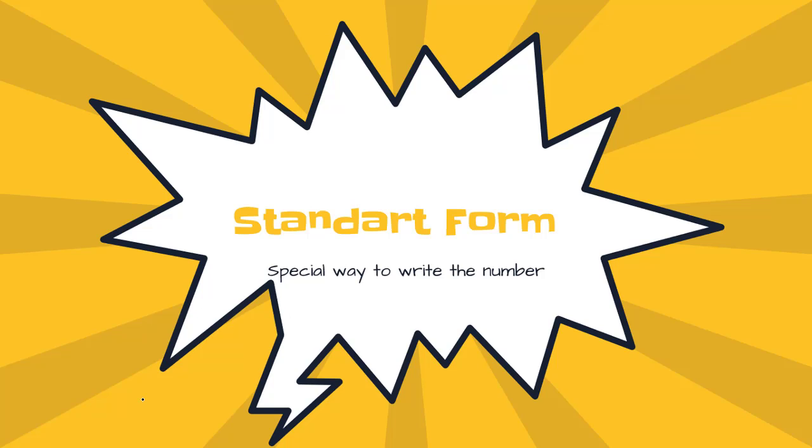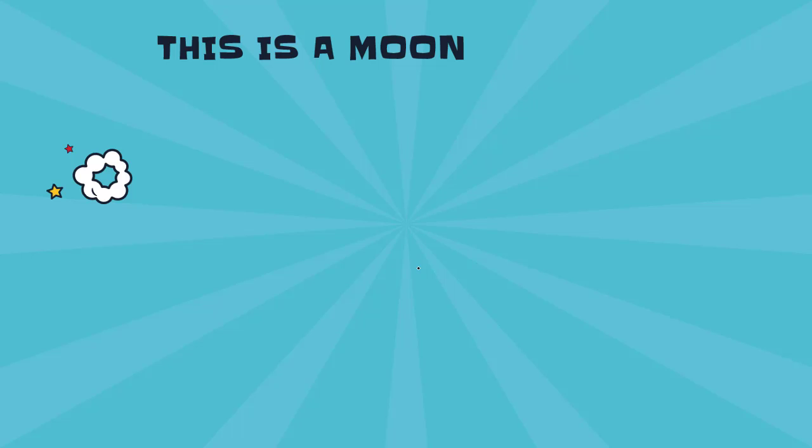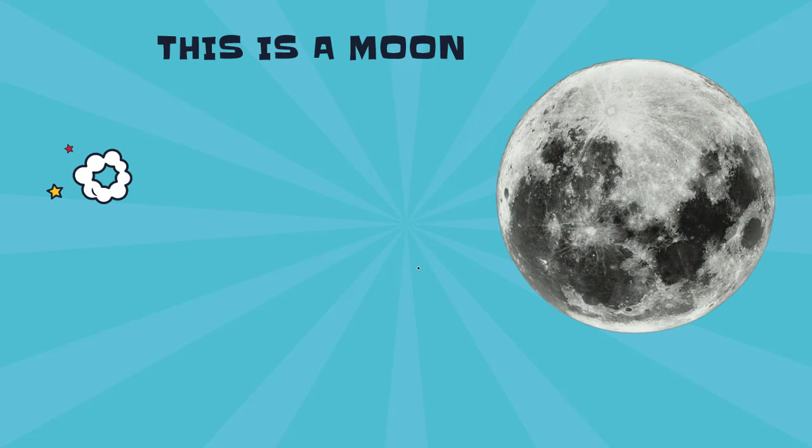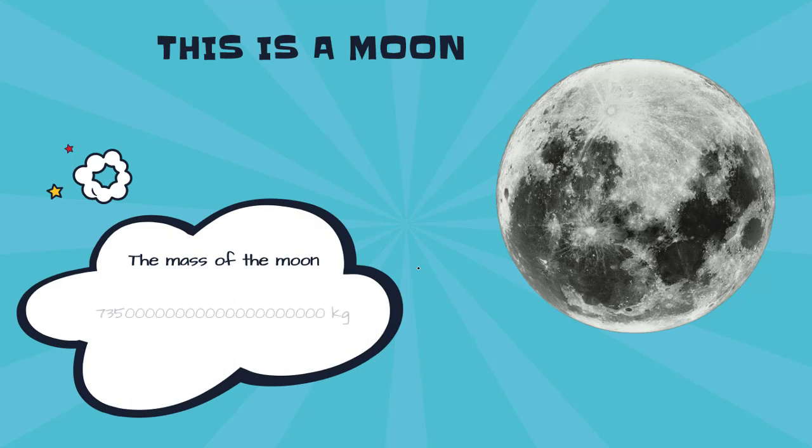So for the next topic, we will learn about scientific notation or standard form. Standard form is a special way to write a number. Why do we need to learn about standard form? Look at this. This is the moon. And the mass of the moon is this number, in kgs.